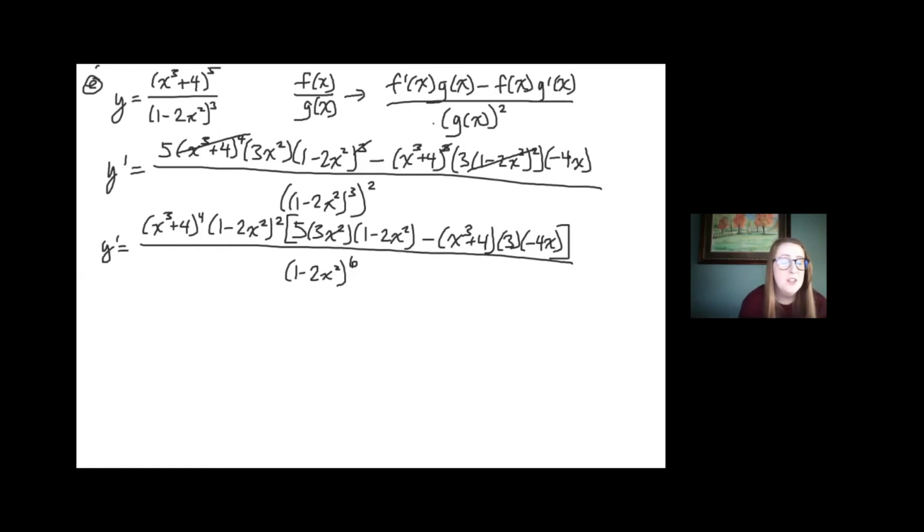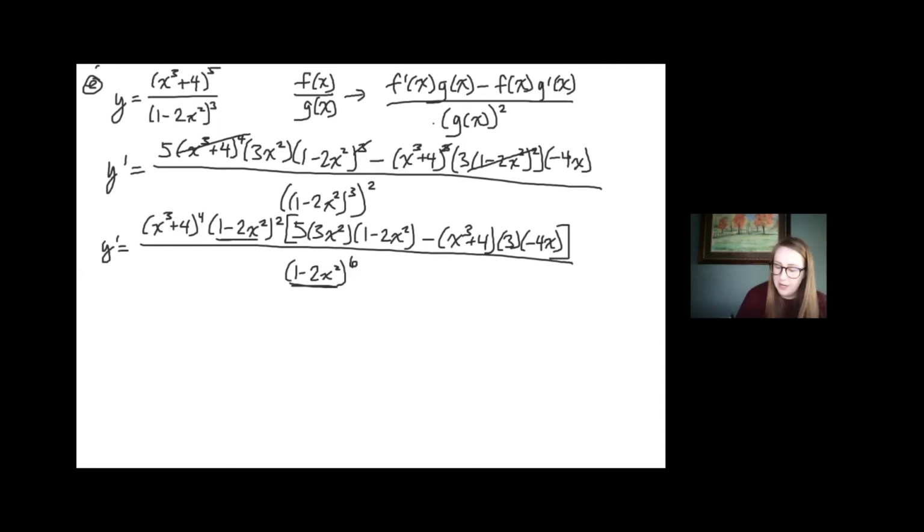Okay, so it doesn't look like we simplified anything yet, but I promise it's going to simplify more than that from here going on. Okay, so right now we have 1 minus 2x squared in the numerator and 1 minus 2x squared in the denominator as factors. So they're all being multiplied.